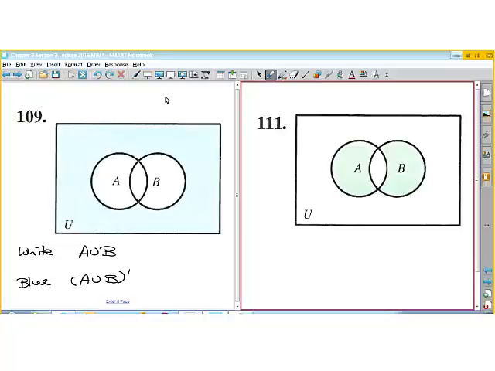So what we do is we look at something we know. We know intersections and we know unions.